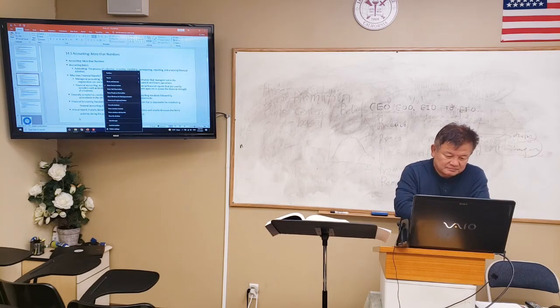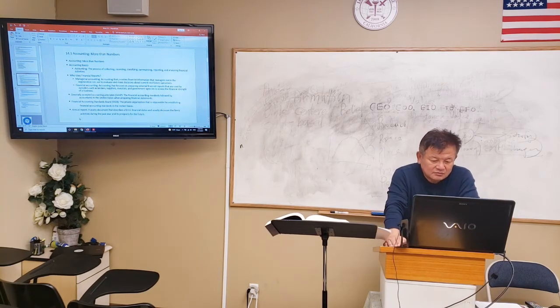And the other one is the annual report. As you know, if you have your own business, you have to do an annual report to the IRS. Also, all people in the United States have to file a personal tax report by April 15th every year.